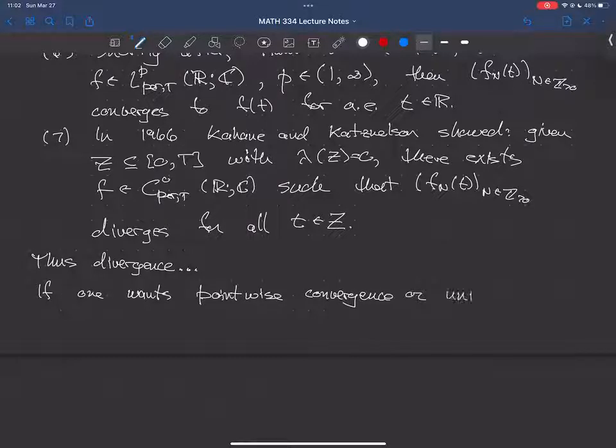We haven't talked much about uniform convergence of Fourier series yet, but we will. Okay, one must. So I should say pointwise convergence everywhere.